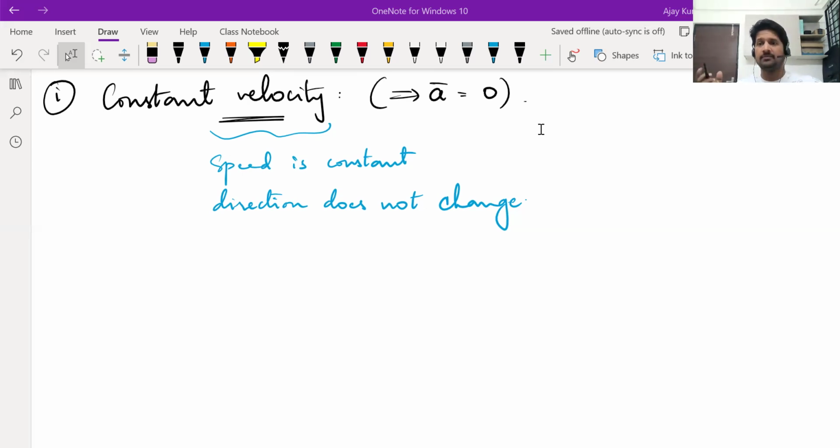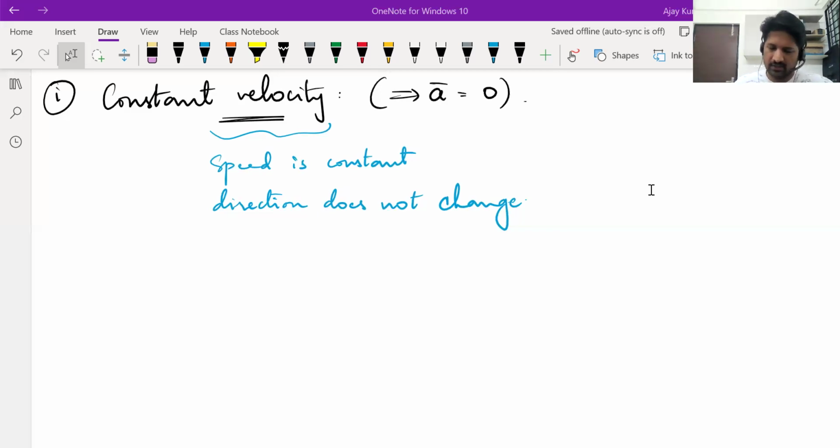A linear equation. Linear equation, correct. Can you give an example of a linear equation? y is equal to ax plus b. Okay, y is equal to mx plus c, ax plus b.